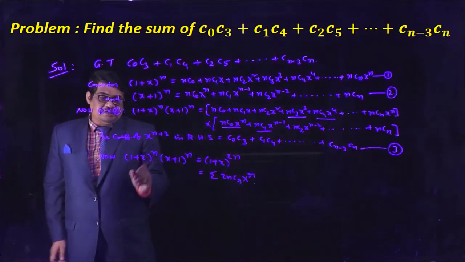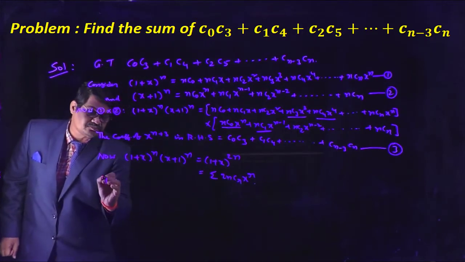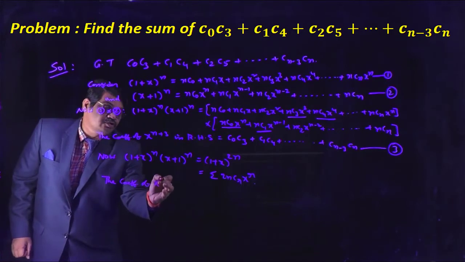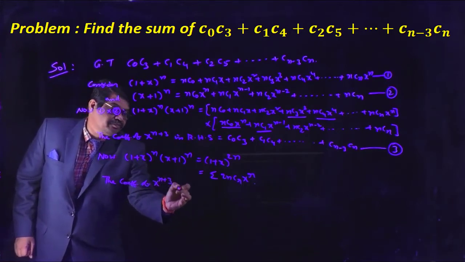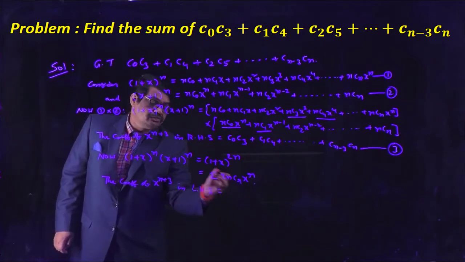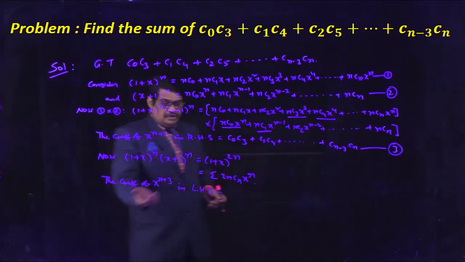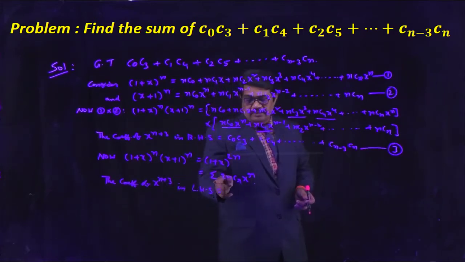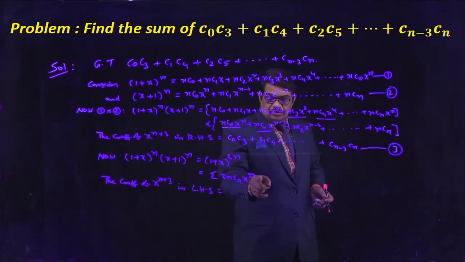Now we are writing the coefficient of x to the power of n plus 3 in the LHS. These are the LHS terms, so that is sigma 2n Cr x to the power of r.